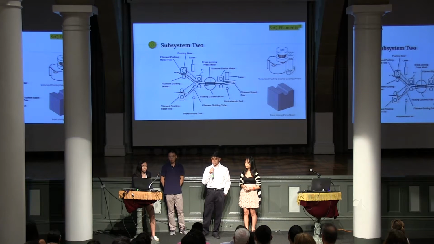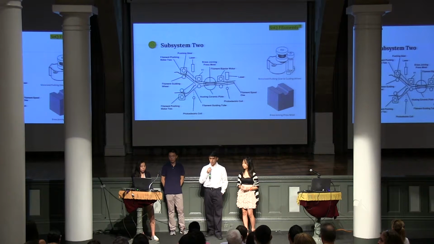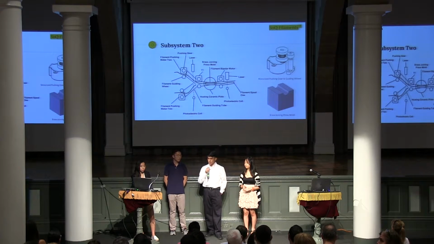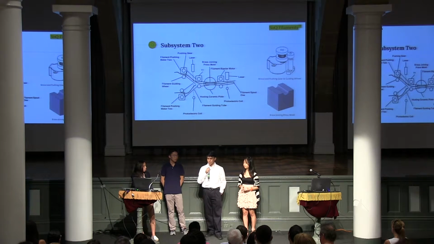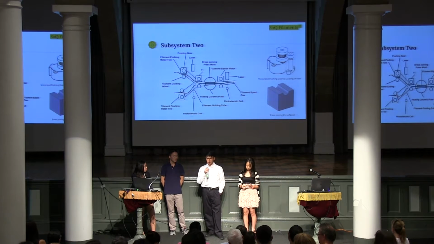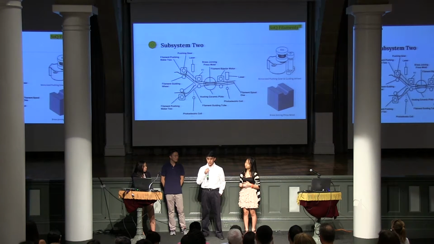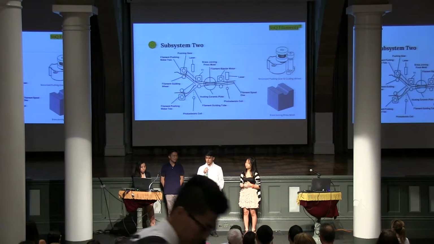Once that's done, it will move on to the heating and cooling process, where we'll have a copper or brass plate and a heating element underneath it. We'll have another laser on its right, and once it detects that the filament has passed by, it will signal the heating element to heat up the brass plate, as well as tell the fan to turn on afterwards. After that, it'll move on to subsystem 3.